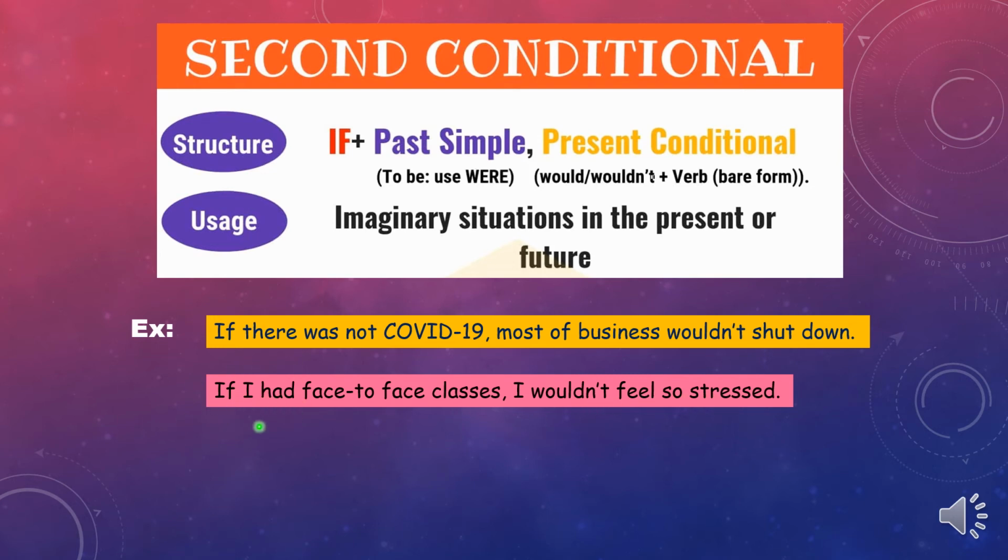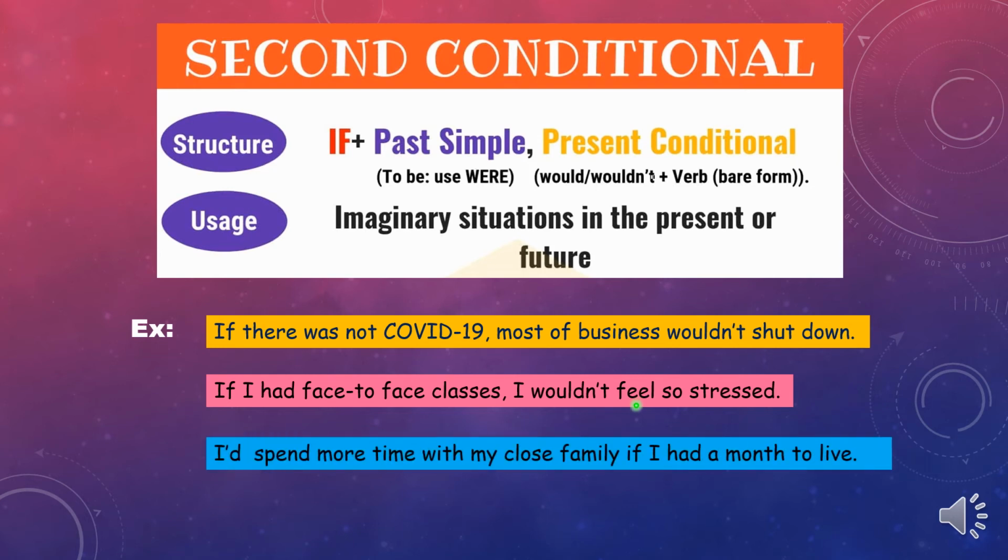Again, simple past had, would plus the verb in the base form. Pasado, would más verbo en presente o forma base. Next, I'd spend more time with my close family if I had a month to live. Aha. Here I have something different. Aquí tengo algo distinto. El if está delante o en medio de la oración.